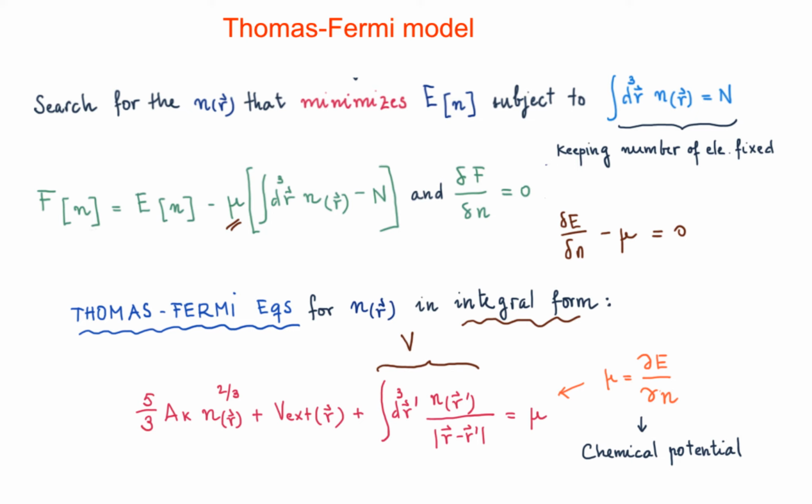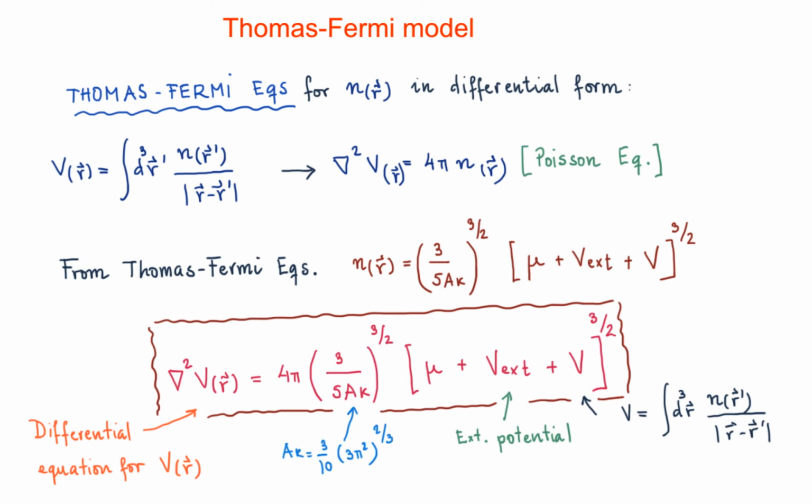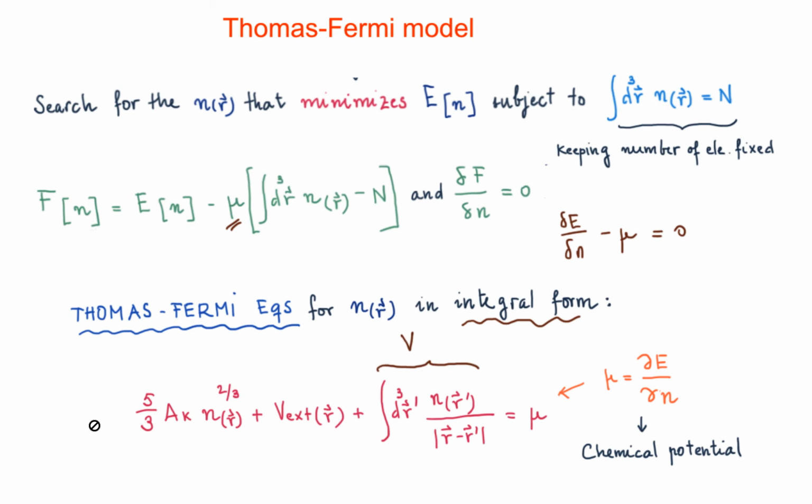And for that, I want to see first that this V, as we said before, is the induced potential associated with that electronic density. And these two magnitudes, the electronic density and the induced potential, are both related through the Poisson equation. So the Laplacian of V is just equal to 4 pi times n, the electronic density. Considering the Thomas-Fermi equations we derived before, we can easily isolate n from here.